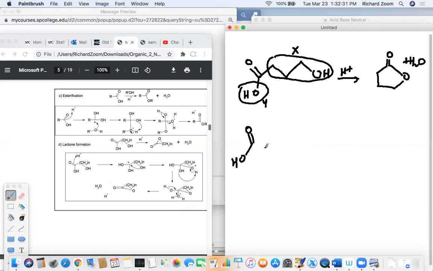Let me make it so it's a little bit more consistent with what I got here. There we go, it's better. So the first step is the attack on the H+.